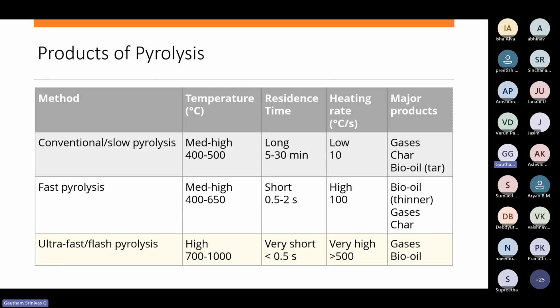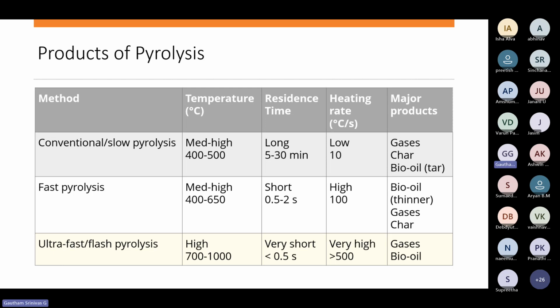You also have some gases. And char is about 10 to 15%. That is the yield of char in this case. The bio oils are around 30 to 60%, the gases are around 15 to 35%, and the char is only about 10 to 15%.